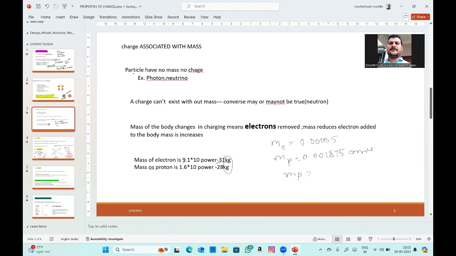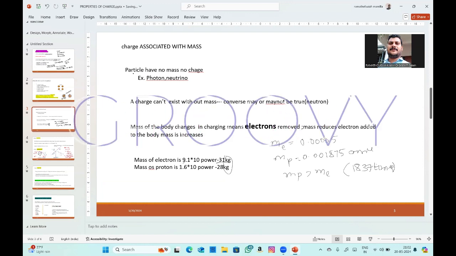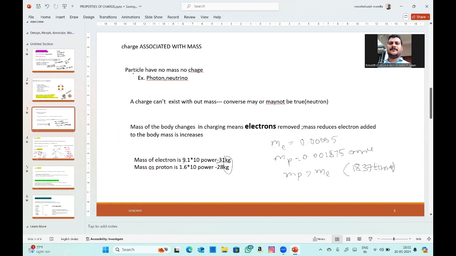The mass of a proton is greater than the mass of an electron by 1837 times. So from here you can tell the mass of a proton is more than the mass of an electron.